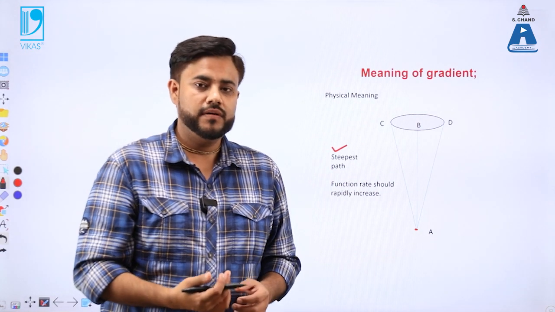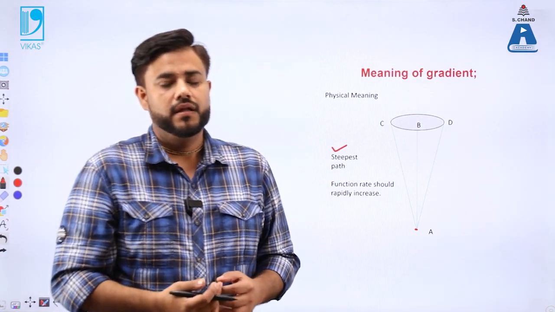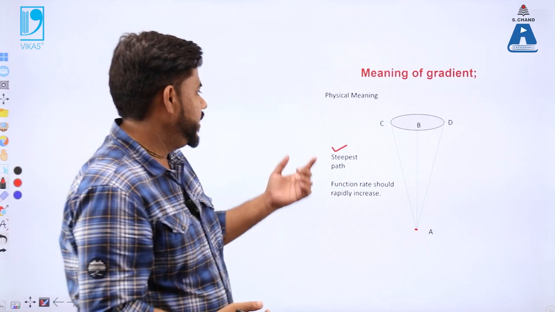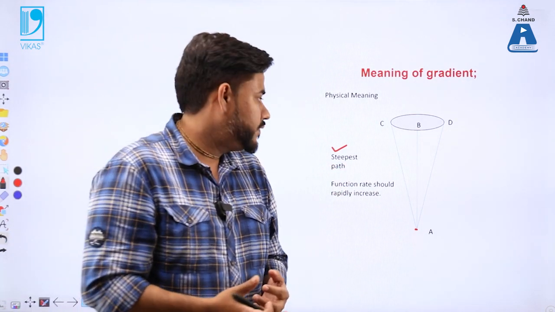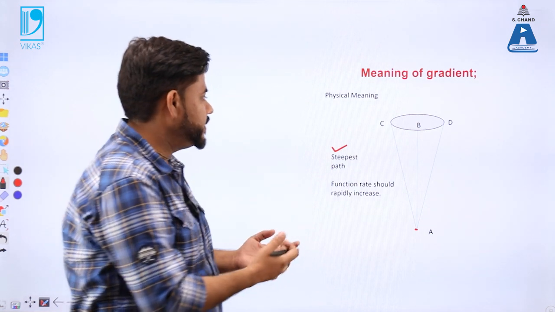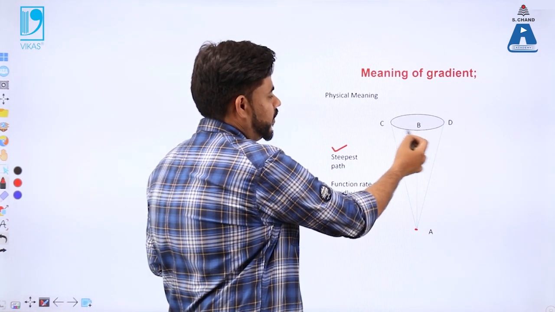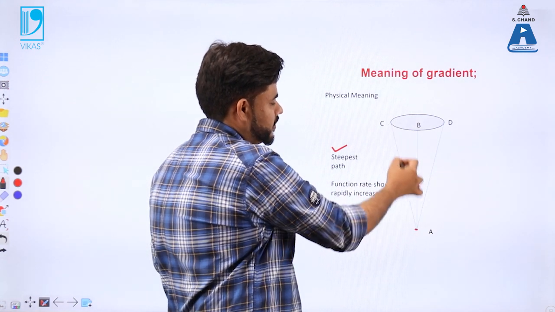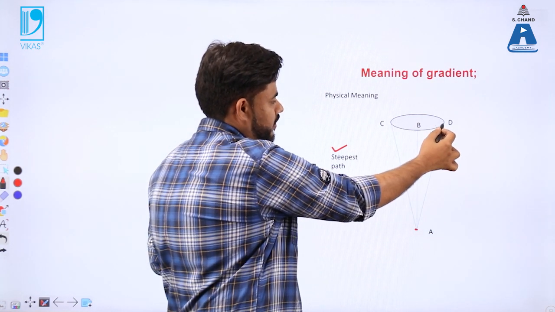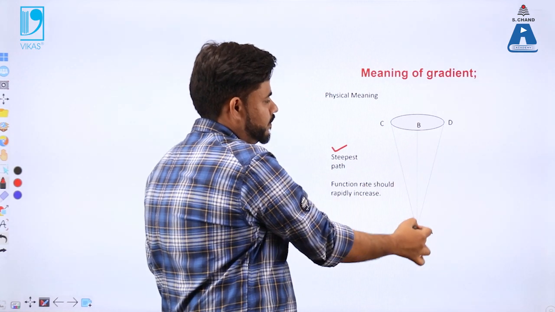Now coming to the physical meaning of the gradient. The physical meaning of the gradient is the steepest path, or the steepest descent of an object. Let us consider a body which has three paths: one is CA, another is AD, and the third is BA.